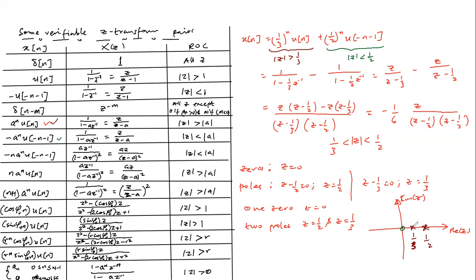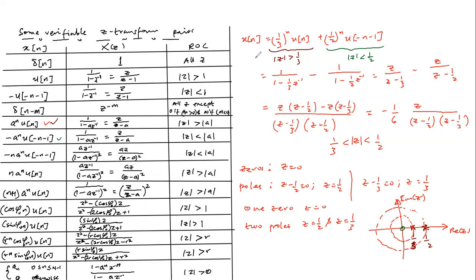So if we have this here for 1 over 3, then we have this here for 1 over 2.